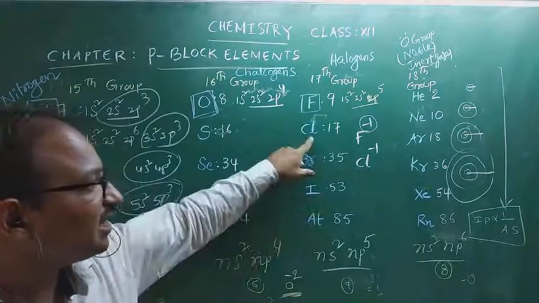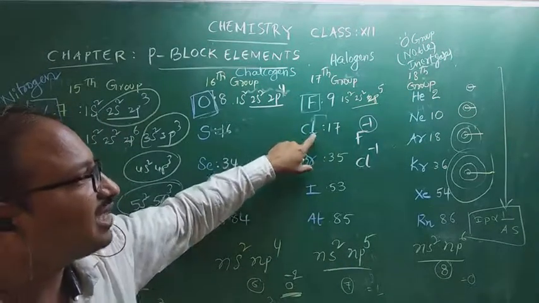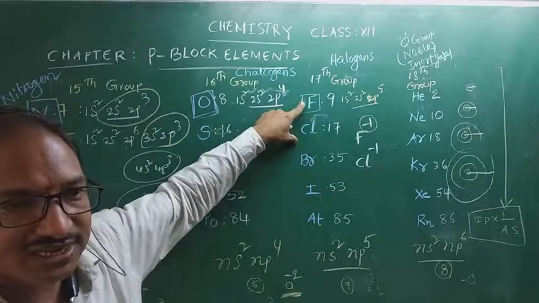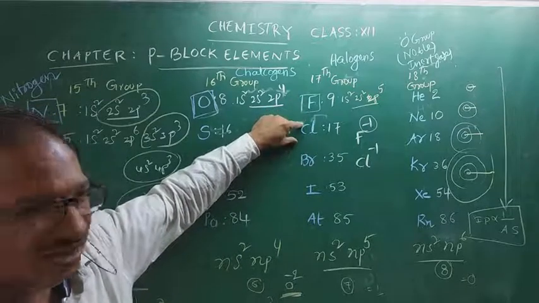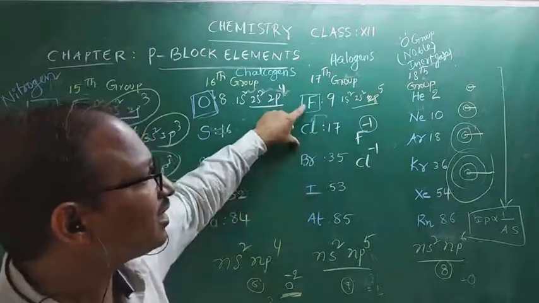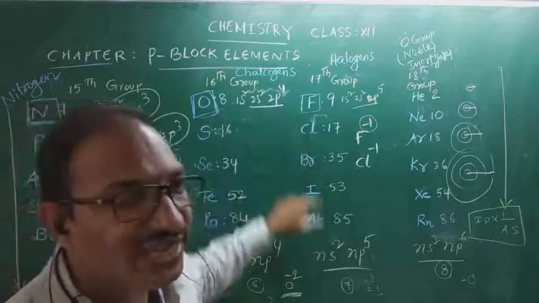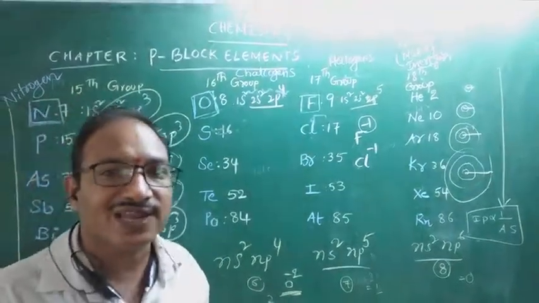But here, the electron gain enthalpy of chlorine is higher than fluorine, that we have studied in class 11th. Why is the electron gain enthalpy of chlorine more than fluorine? First thing, what is electron gain enthalpy?